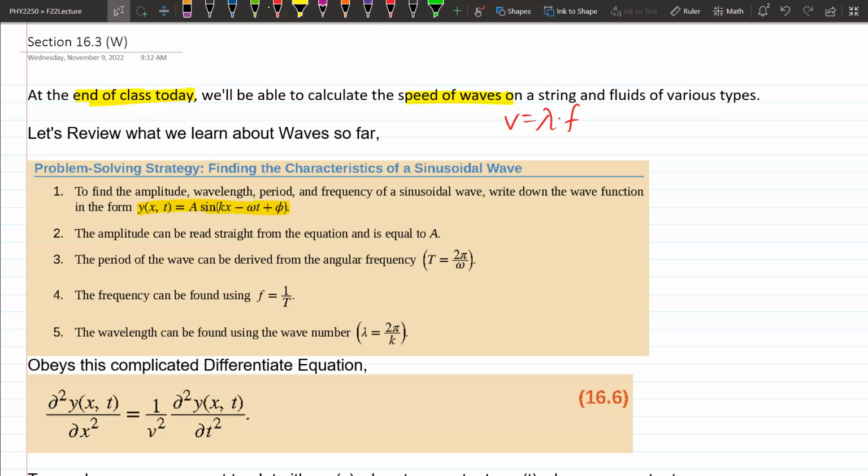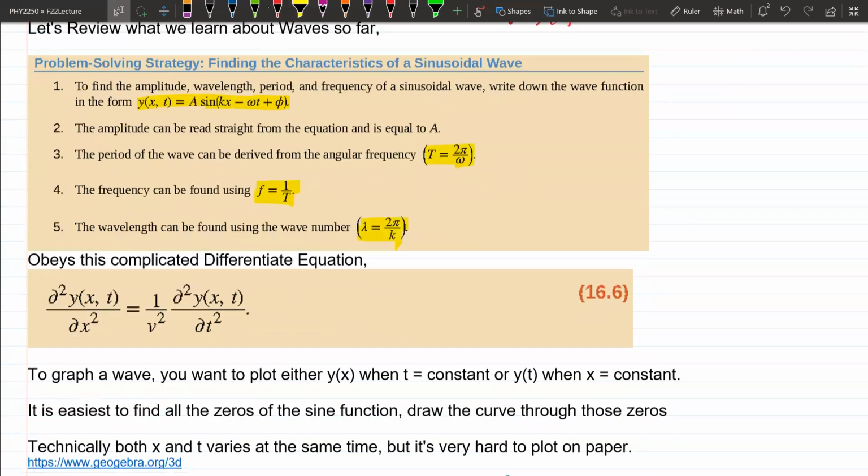If you want to convert to periods, it's 2 pi over omega. And then the frequency is 1 over the period. And the wavelength is 2 pi over k. There are all these formulas. All these will be given to you, but you have to know how to use them, because otherwise you won't be able to convert one to the other, okay?